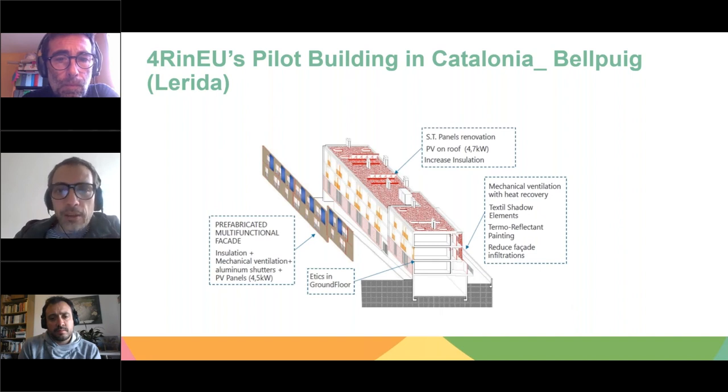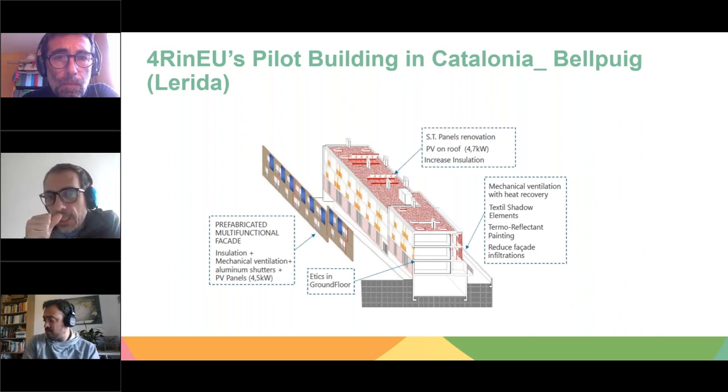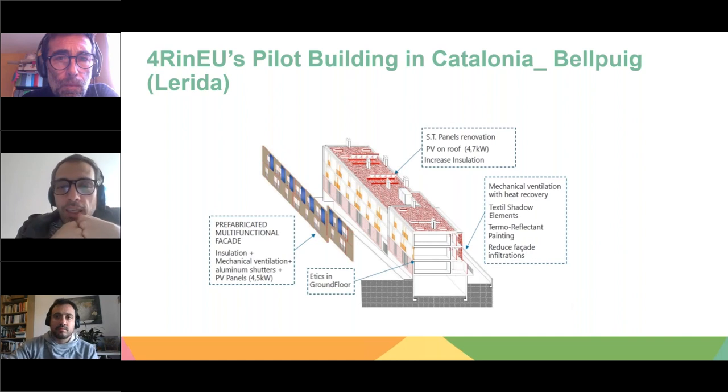It was built in a factory, and then installed as a plug and play solution, more or less like the same you are going to see in the last project, Plug and Harvest. But this is a renovation of the facade, and this facade is made of wood to keep the carbon emissions lower.